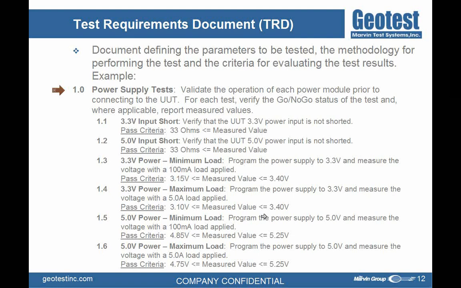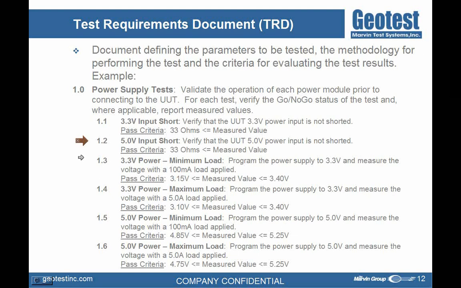Each of these individual tasks has one or multiple measurements associated with it. For example, the power supply test shown here has 6 different procedures that you have to go through. Procedure 1 is you're looking for a short on the input, the power input to the UUT. Procedure 2, or test number 2, is looking for a short on the 5-volt input to the UUT.